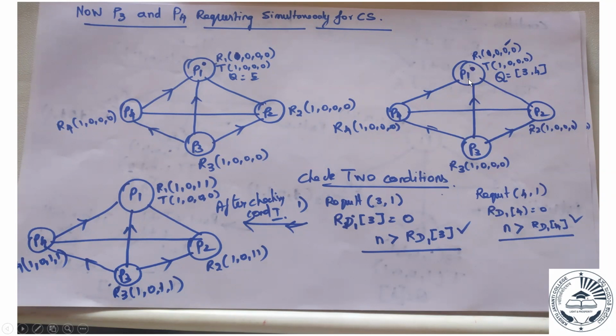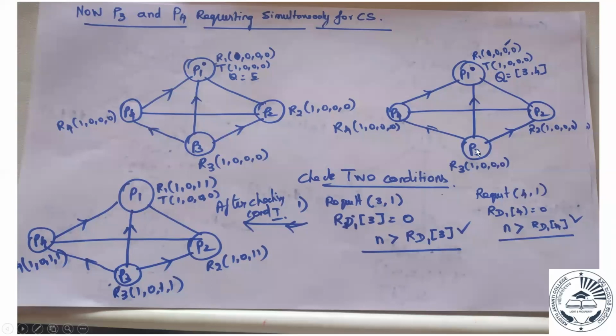What is that? The deferred value RD1, here only the deferred request is checked. So RD1 of 3 is 0. What is RD1 of 3? This is the value. RD1 of 3 is 0.